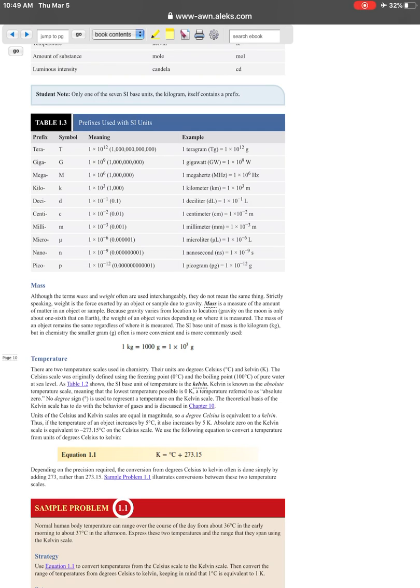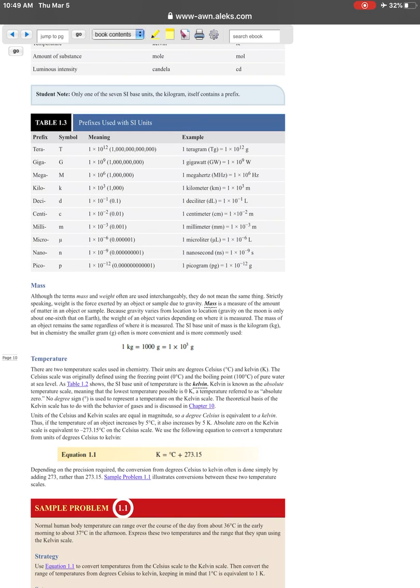The large ones first. Tera, capital T is the abbreviation, the symbol for that, means 1 times 10 to the 12th. Now, using units that you might be familiar with, 1 times 10 to the 12th is a trillion. So the national debt is often referred to in trillions of dollars. That would be tera dollars.